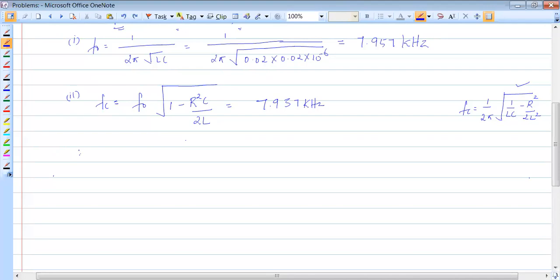Then the third one that they've asked us is FL. Now see, compare the equations FC and FL. FC is F naught into this term, right? So for FL, it is F naught divided by that square root term. Get that point?